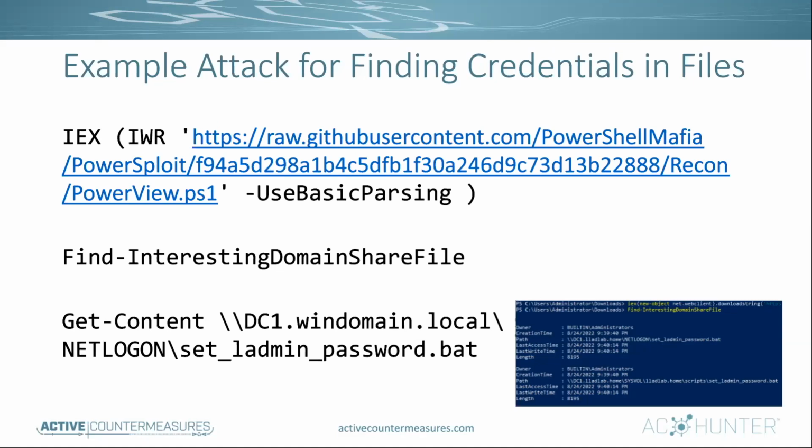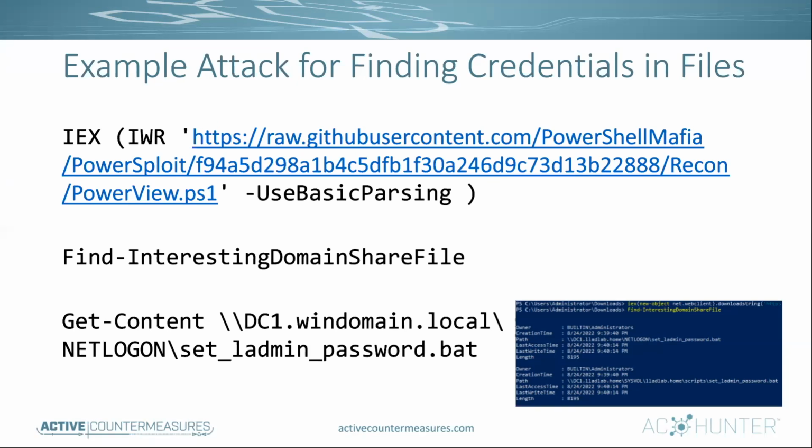I believe admin's in there, passwords in there, credentials is in there, that sort of thing. And when you run that, you get some output that you can see down in the corner, and it basically gives you the name of the file, who owns it, when it was created, when it was accessed, and the size. So this is a really useful recon tool if you're on an engagement.